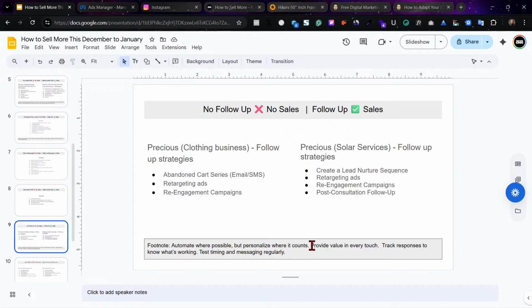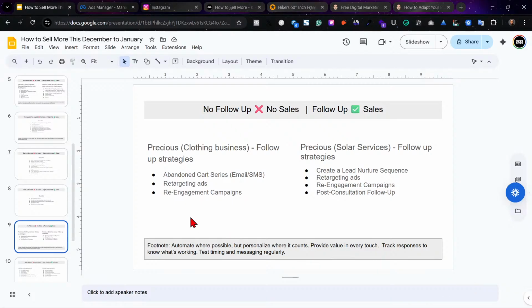Take for example, you've gotten your leads, the persons have come to your landing page, and you've gotten on the call with them. That call is the personalization. As much as possible for lead ads, personalize it.